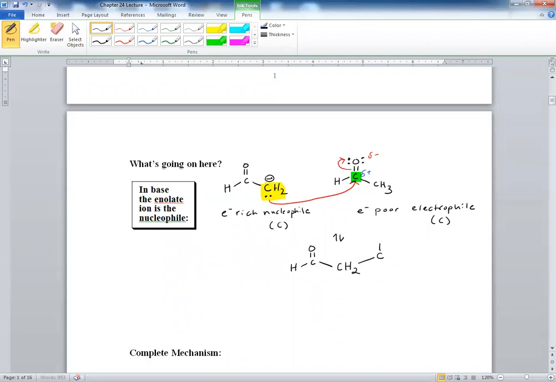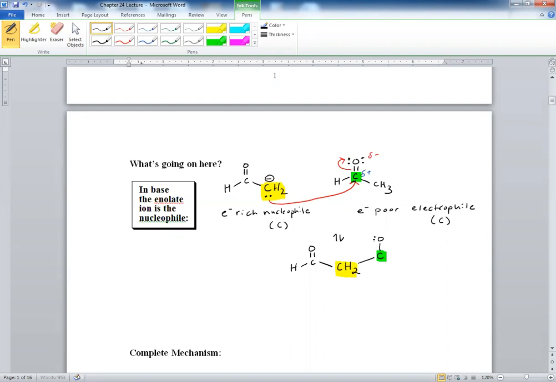Okay, so the bond was formed between the alpha carbon here and the carbonyl on the other one. So let's mark this here. Look, the most important thing is knowing how to form that bond between the carbonyl in the electrophile and the alpha carbon in the nucleophile.